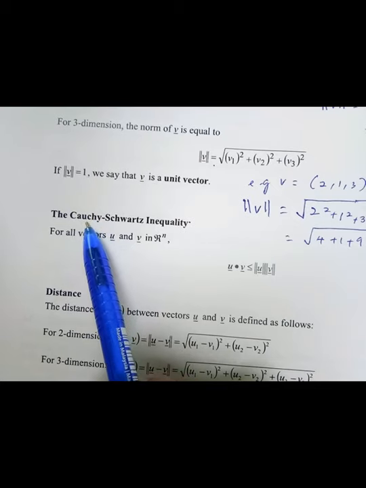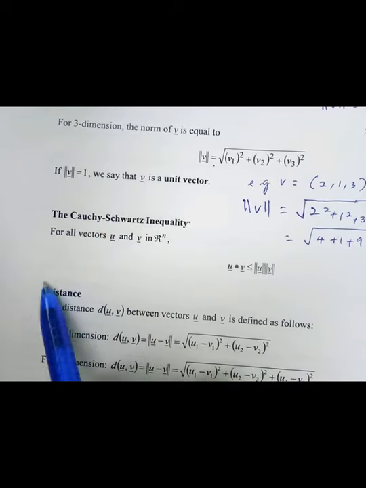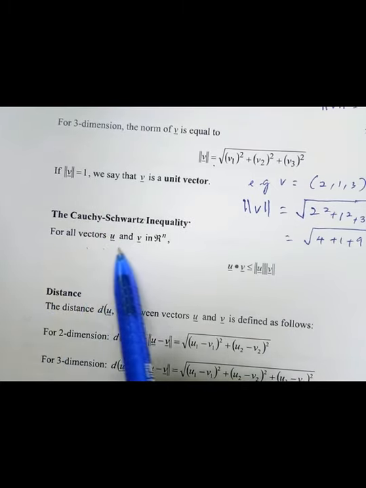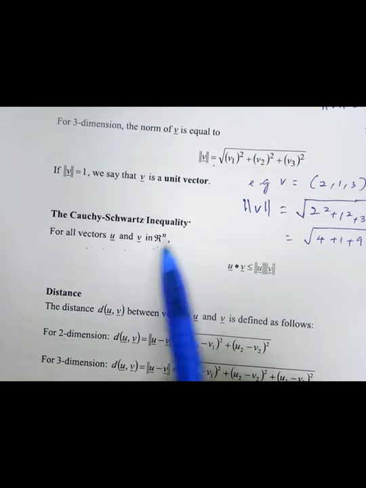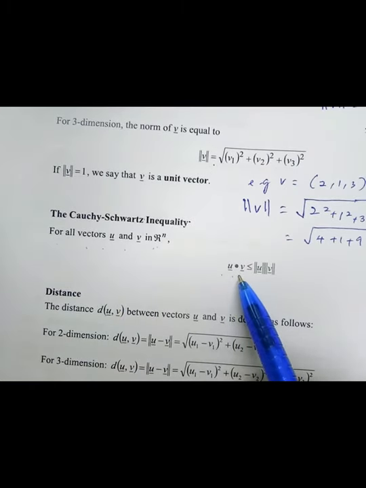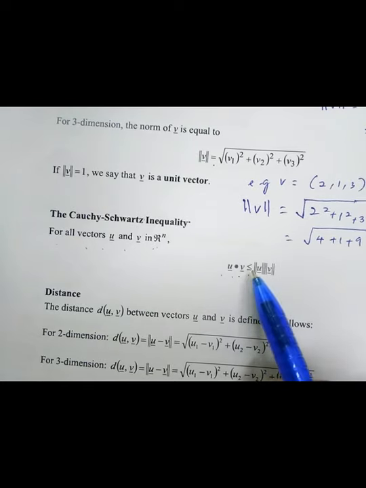It's more on the theory introduced by this person. Given that for all vectors u and v in space n, u dot v must always be at most, because the maximum it can get is length u multiplied by length v.